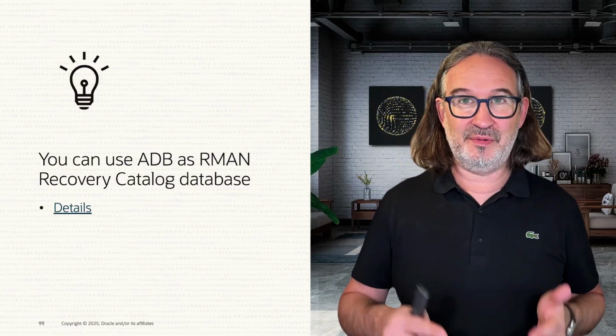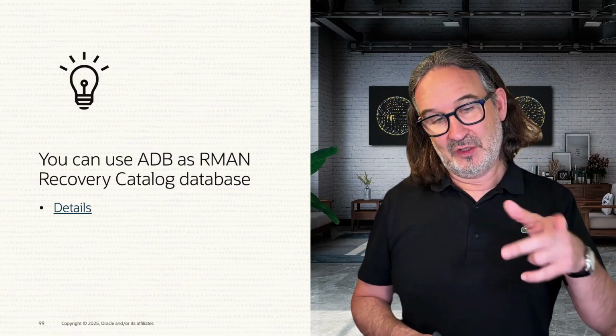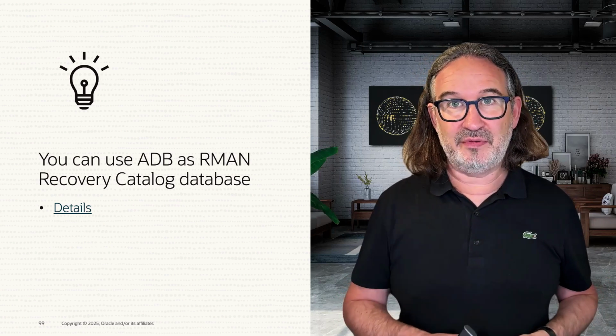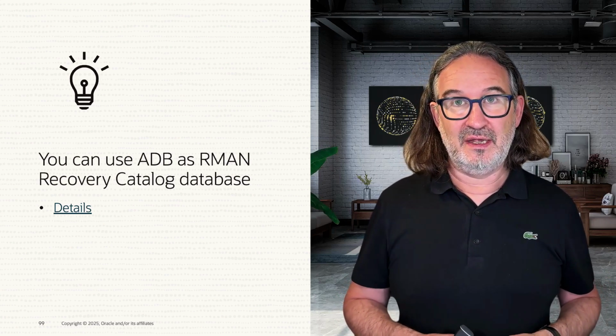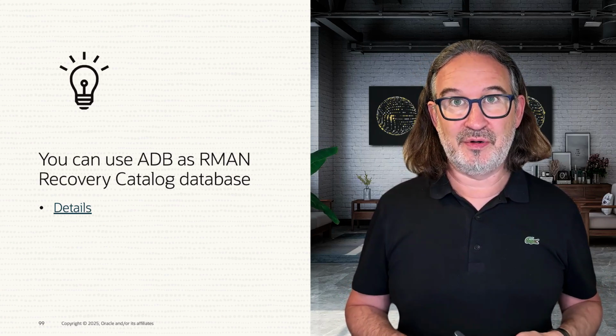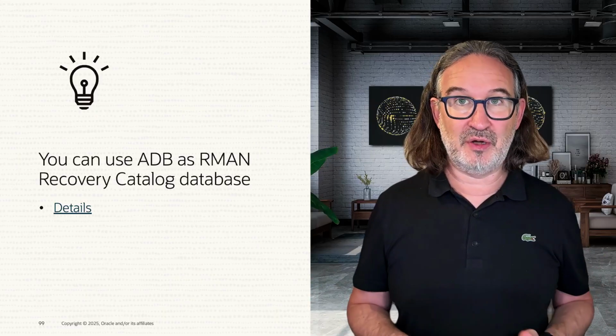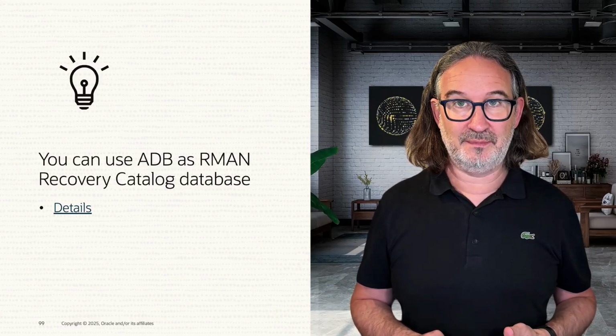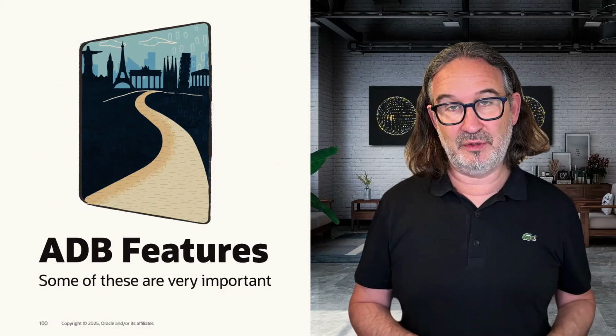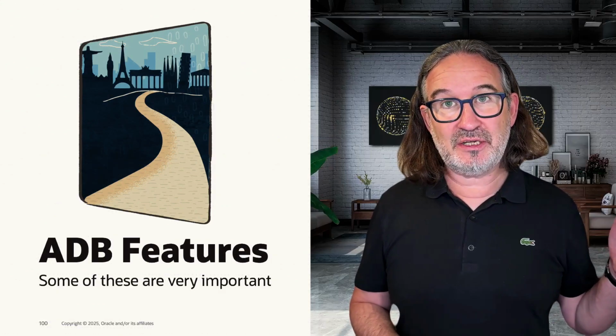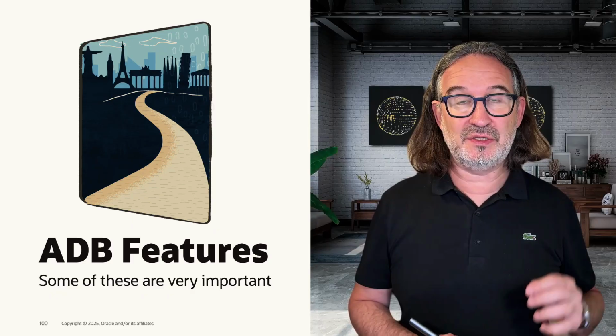Have your RMAN repository database in ADB. Cool documentation, look it up when you download the slides. And in a few minutes, your RMAN repository has been migrated to ADB. And then you don't care about this administration anymore. Can be very helpful.